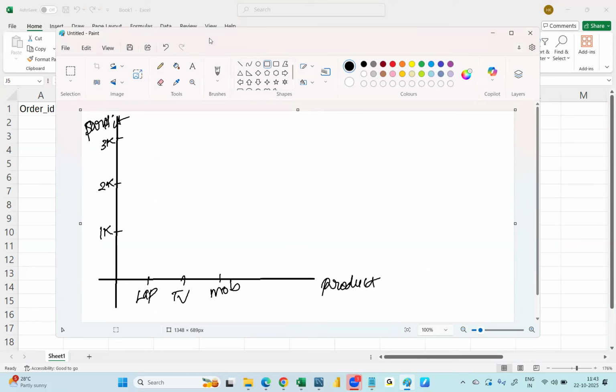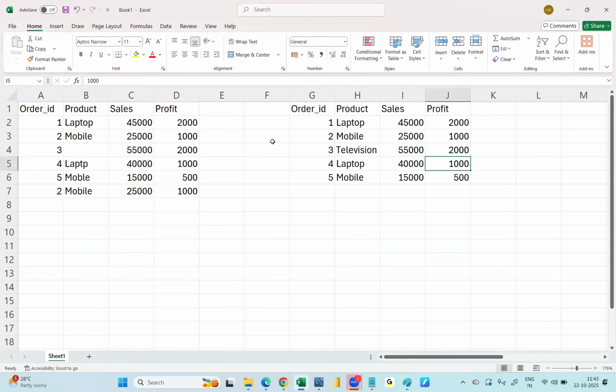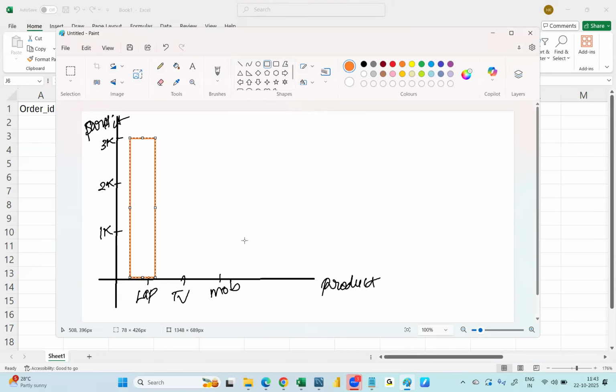The bar height I'm going to draw should have 3000 rupees of profit. After that, mobile has 1000 and 1500, so 1500. Television is 2000. Let me draw this information also. Television has 2000 rupees of profit, and after that I have mobile, which has only 1500 rupees of profit. So this is the graph.